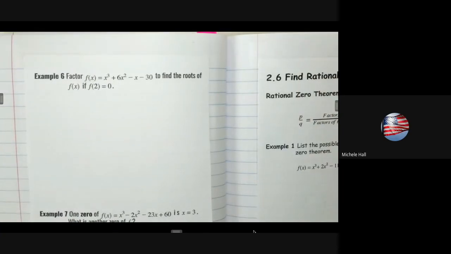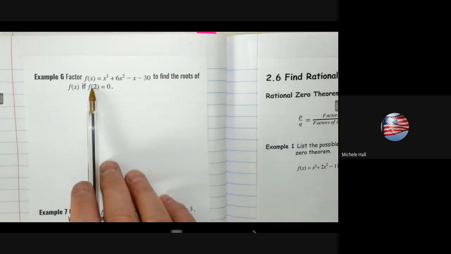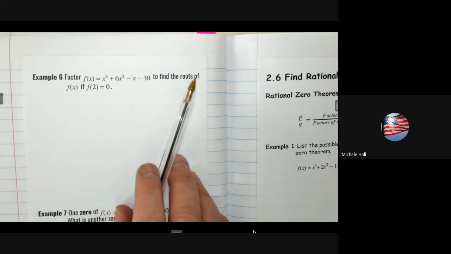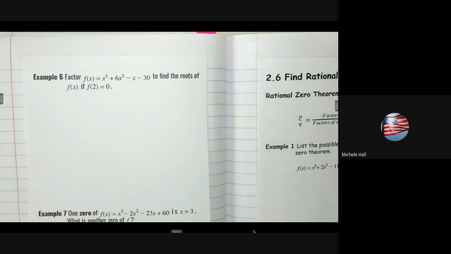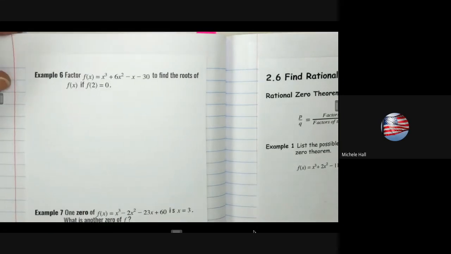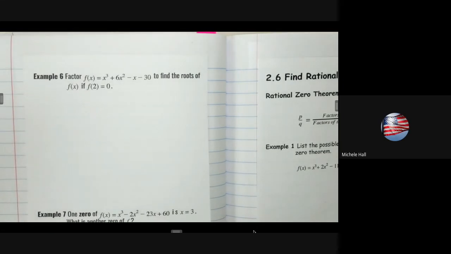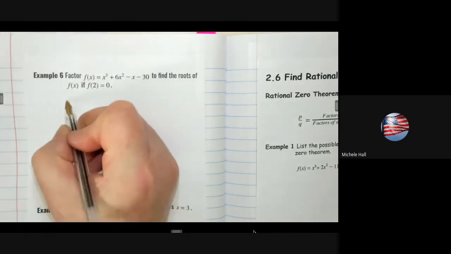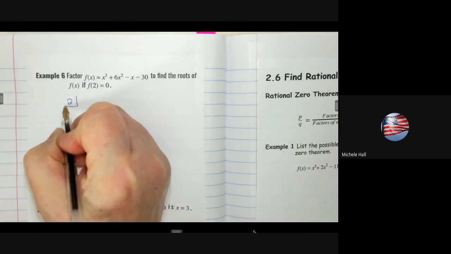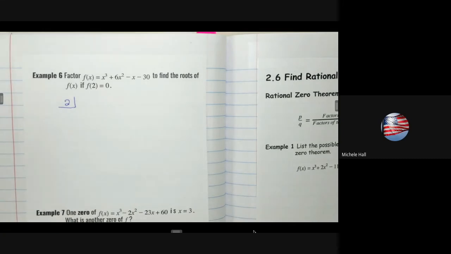Example 6, factor to find the roots of f of x if f of 2 equals 0. This time we need to make sure that we're factoring and then finding the roots. They're telling us that f of 2 equals 0. That means that 2 is the number that goes in the box.